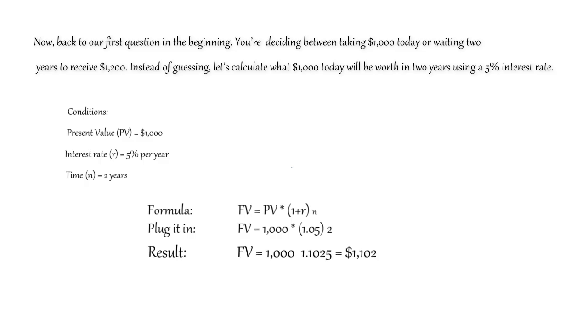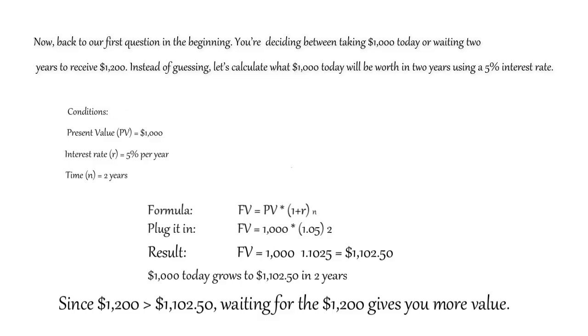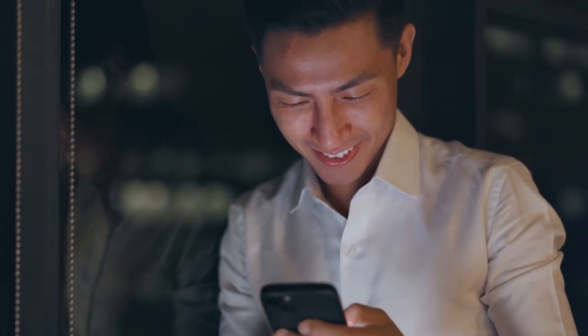The result, FV is equal to 1,000 times 1.1025, or 1,102.50. $1,000 today will grow to $1,102.50 in 2 years. Now, going back to our decision, since $1,200 is greater than the future value of $1,000 today, waiting for the $1,200 gives you more value.